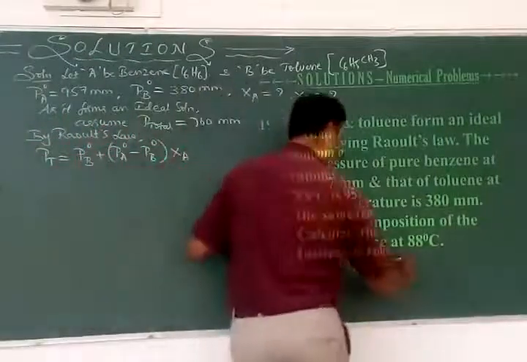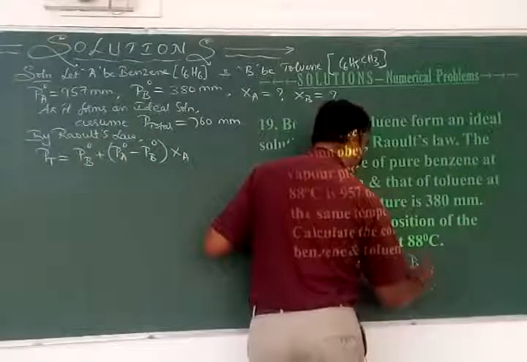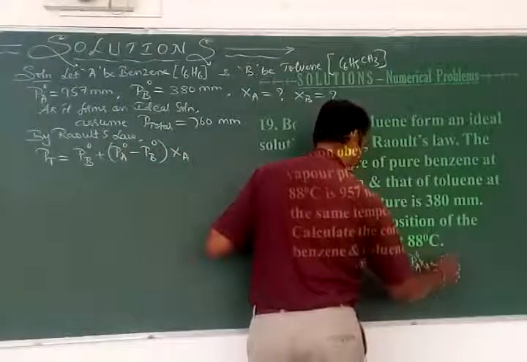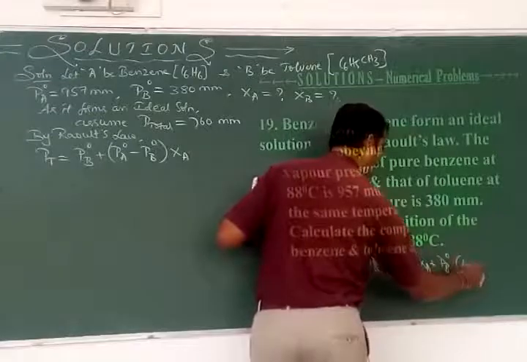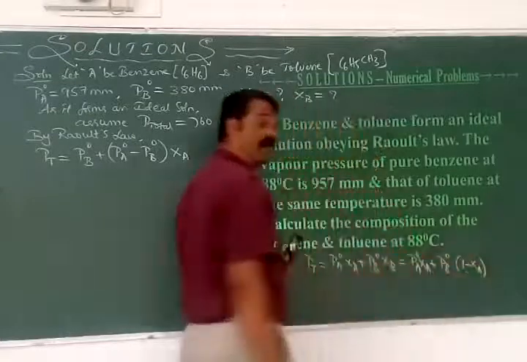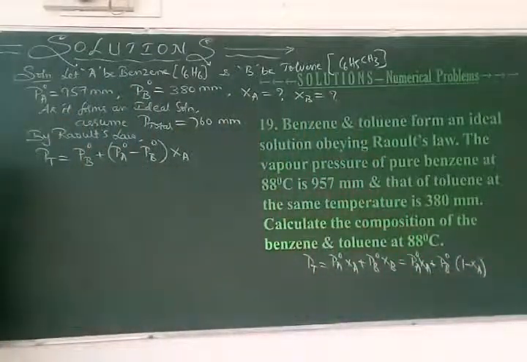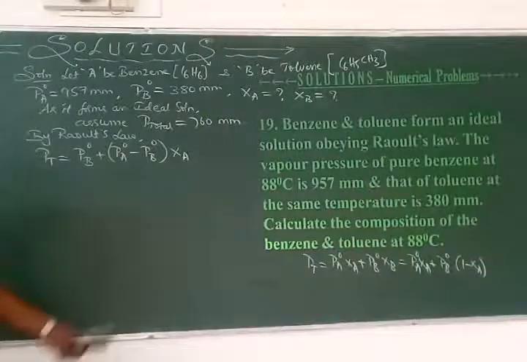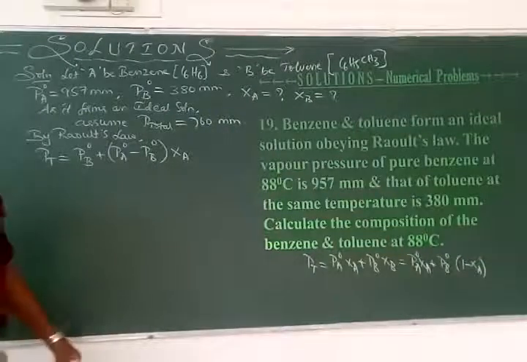This is also written as PA naught into XA plus PB naught into 1 minus XA, because the sum of the mole fractions is always equal to 1. Therefore, instead of XB, I write 1 minus XA.